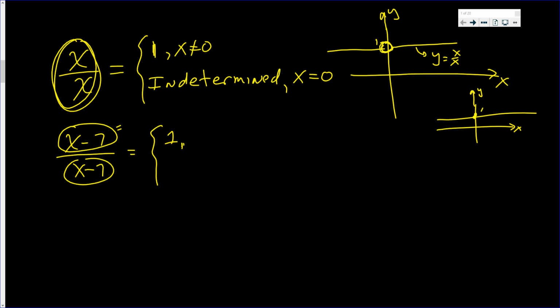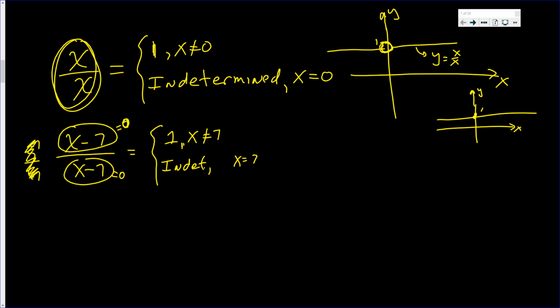No. If x is 0, the top will be negative 7 and the bottom will be negative 7, and you divide, you get 1. But if the top is 0 and the bottom is 0, you won't get 1. And that happens when x is 7. So I won't let x be 7. It's going to be indeterminate if x is 7.